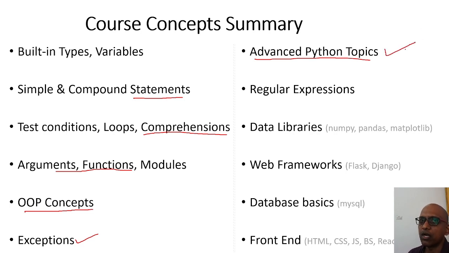Some people who are learning Python nowadays are in 10th class or intermediate. For them, it's not required to go for the advanced topics. But people who are willing to get a job by learning this course have to go for these advanced concepts for sure.